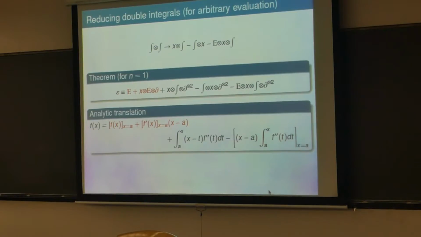You only see the case for n equal 1. So you get the usual Taylor polynomial, but here you have to be careful. Here the evaluation means not the point evaluation, but the evaluation in this more general sense at the singular point given by the integral.